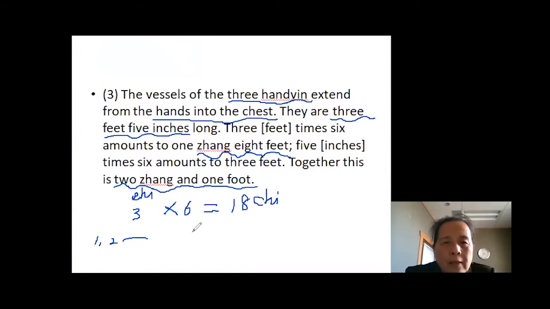And then they times 5 寸 by 6, which comes to 3 尺.